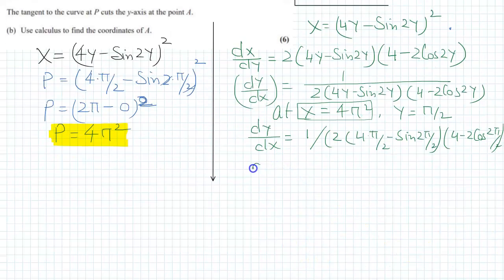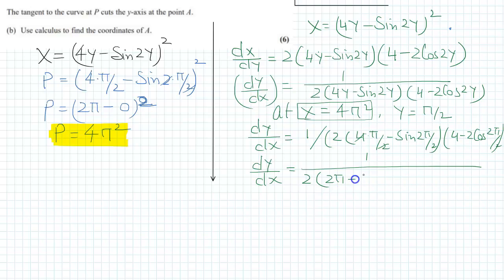So that is 1 over, the 2s cancel, 2π − sin π, and sin π is 0, so this is just 2π.